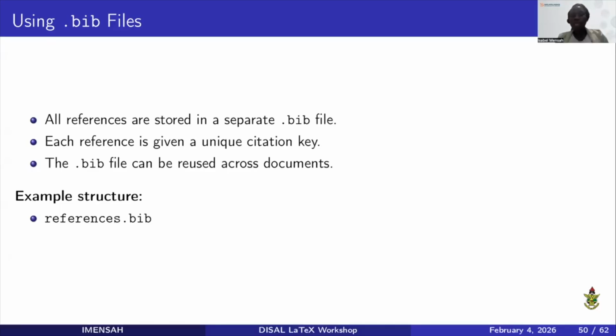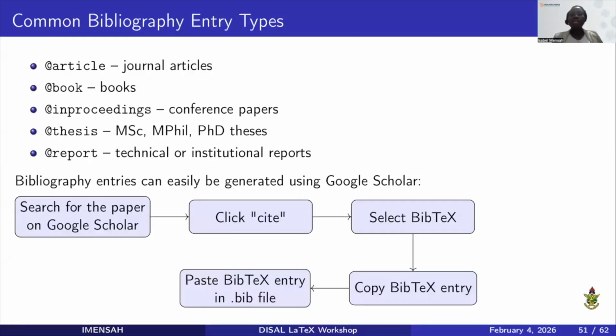So for the structure, you have references.bib. You can name it anyhow you are comfortable with: my reference.bib, my whatever.bib. The most important thing you have to take note of is that the extension must be .bib and not .tex. Now in LaTeX, we can cite all sorts of things, just like in Word.